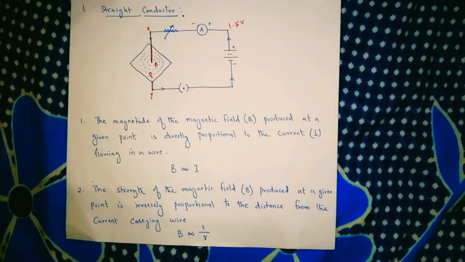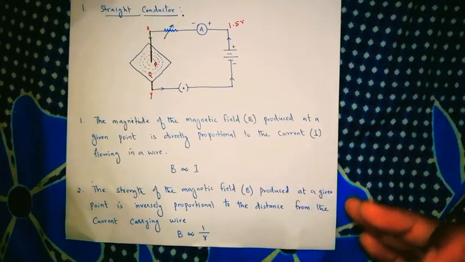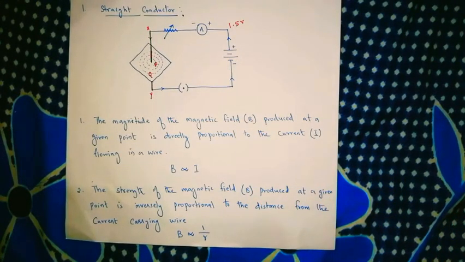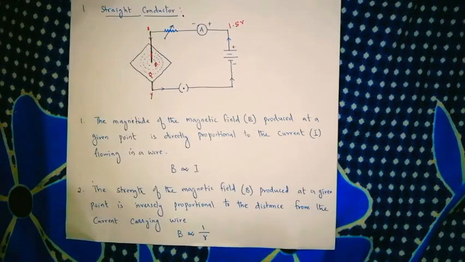Thus the magnetic field produced by the given current in a conductor decreases as the distance from it increases. So when the distance or the radius is increased, the magnetic field produced by a given current in the conductor decreases.